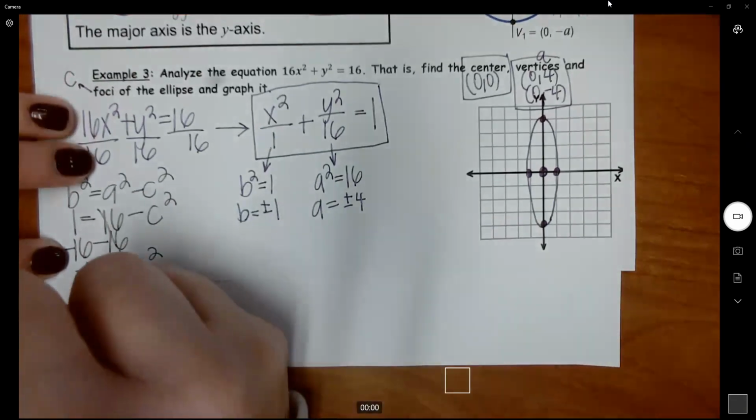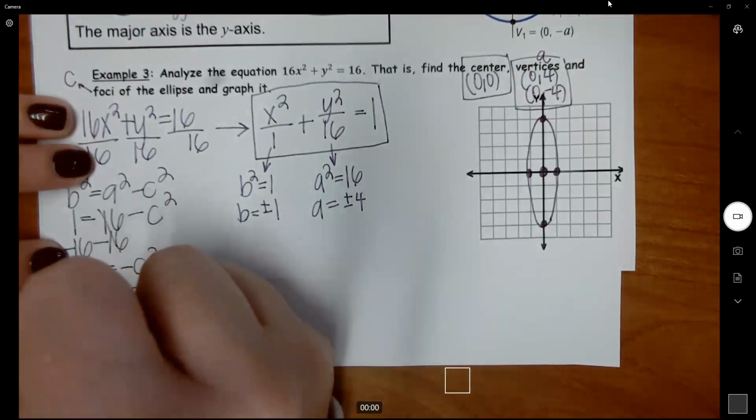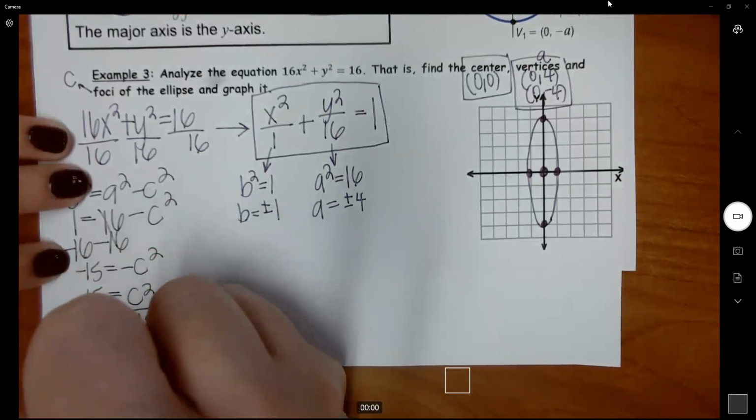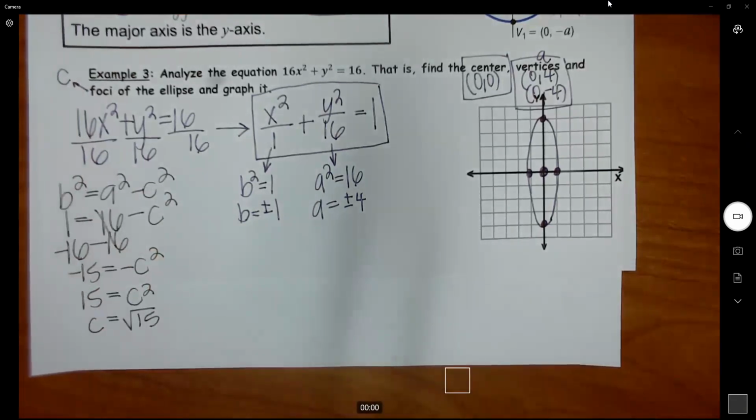Divide everything by negative 1 to get 15 equals C squared. So therefore, C is the square root of 15. And that cannot be simplified because that's only 3 times 5, which doesn't have a pair, so nothing comes out.